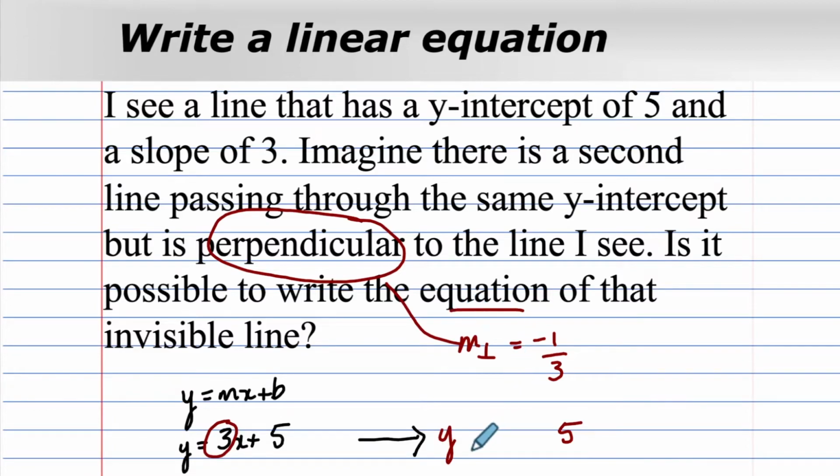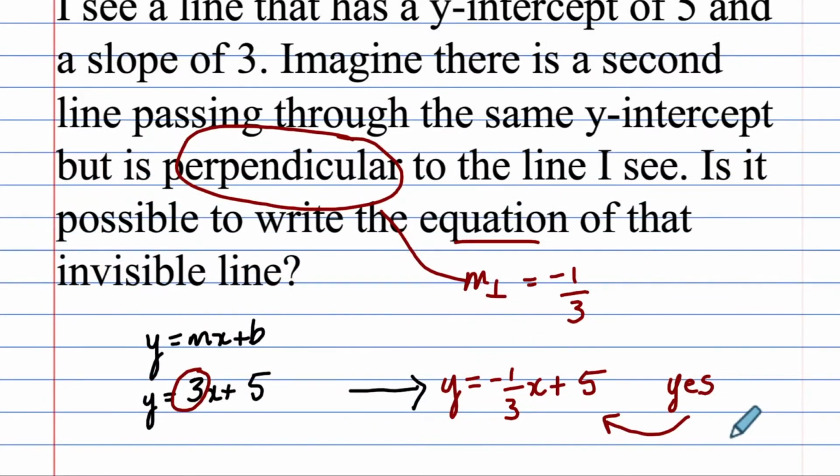The new equation would have a negative 1/3 slope with that same y-intercept. The answer is yes. It's possible to write the equation of an invisible line that is perpendicular to the line that I could see.